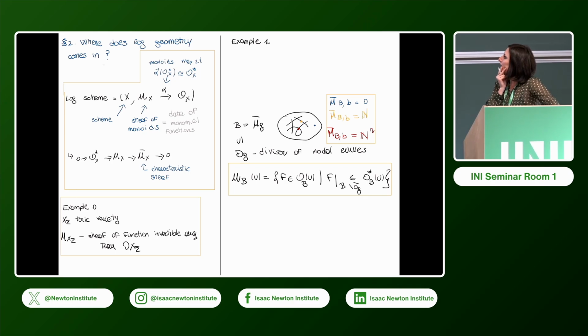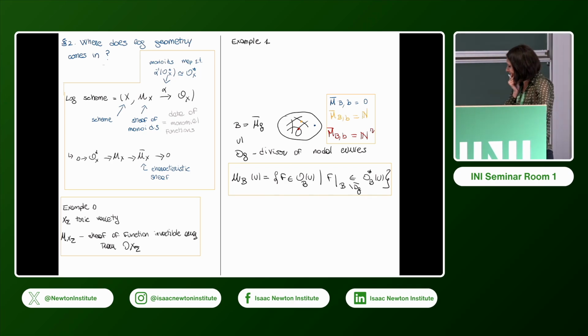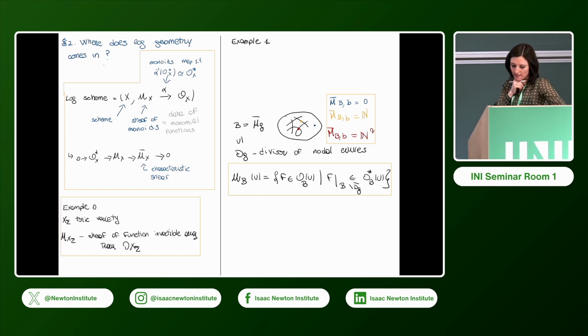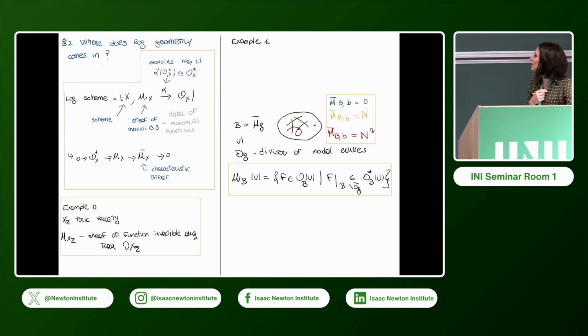Let's take B to be the space of stable curves of genus g, and let's take D to be the divisor of nodal curves inside B. Then we consider this sheaf of monoids defined this way. These are the regular functions f which are invertible away from the boundary of M_g.